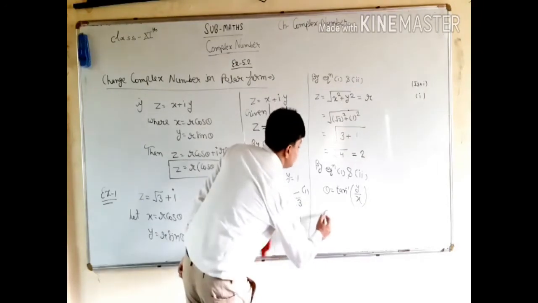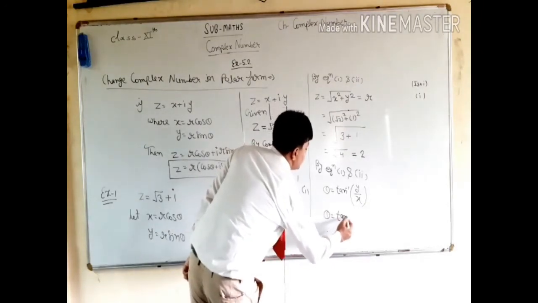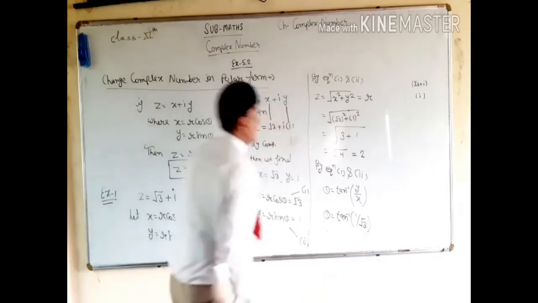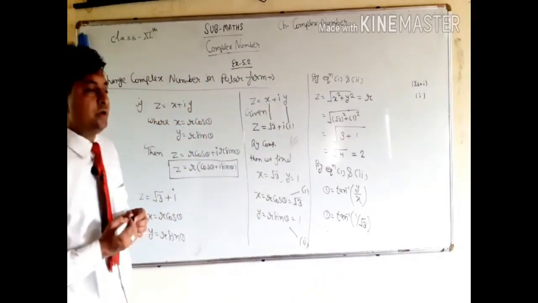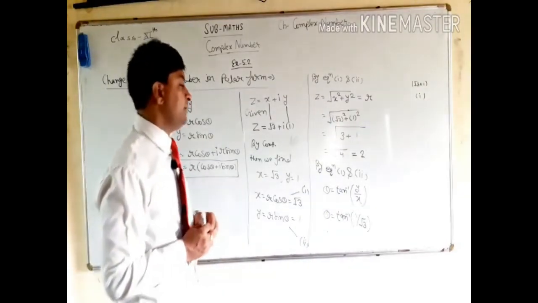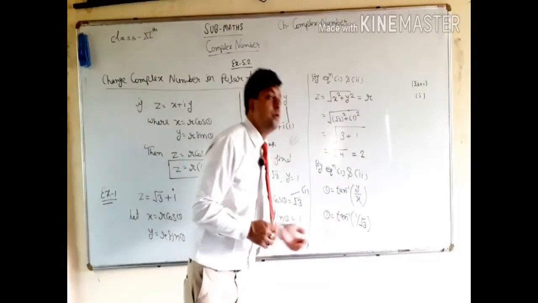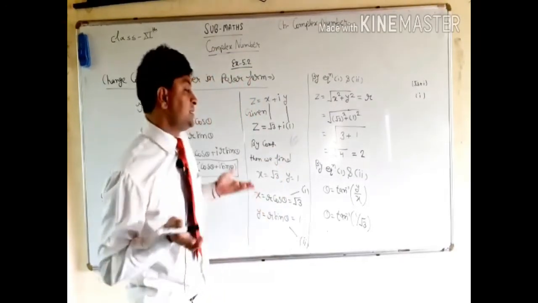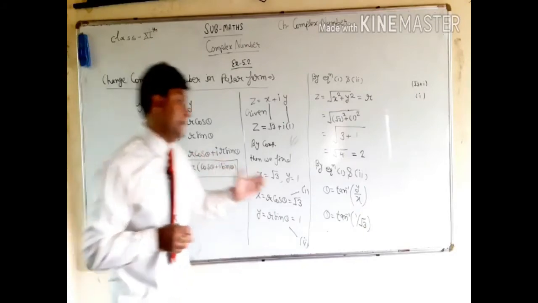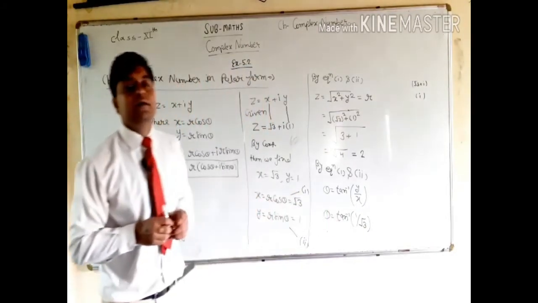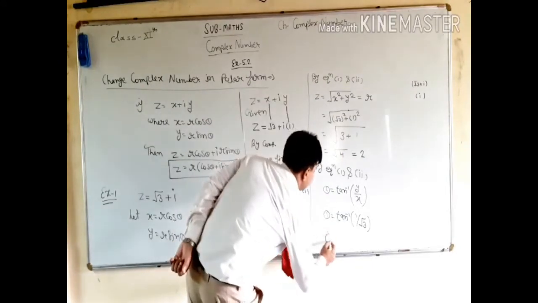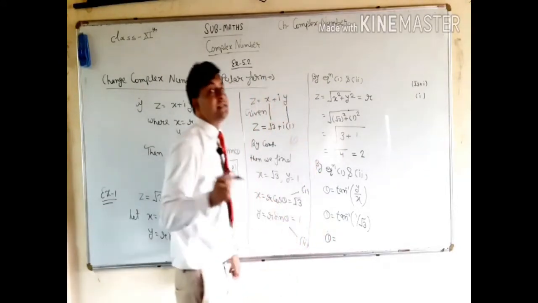So theta equal to tan inverse 1 upon root 3. Okay students, theta equal to tan inverse 1 upon root 3, and this is the angle of how many degrees? 1 upon root 3 is a tan ratio value, so we find theta equal to 30 degrees.